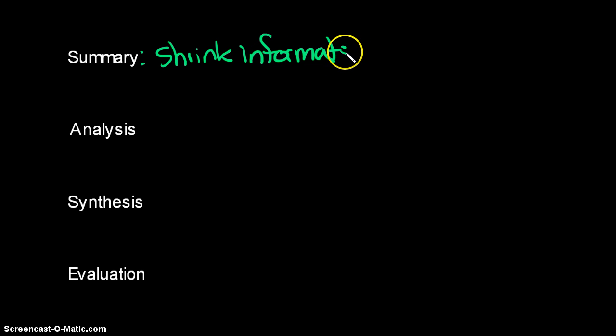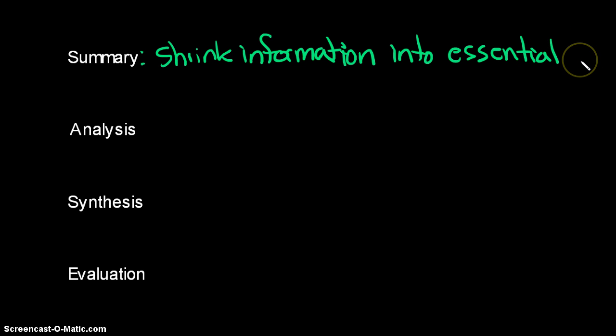When you're asked to write a summary, this follows more or less your traditional book report. In a summary, the basic idea is you're going to shrink information into the essential parts. So that's pretty simple.